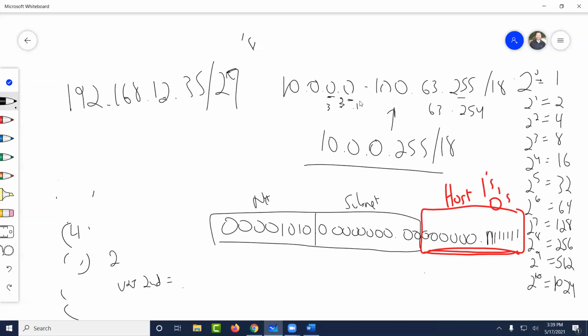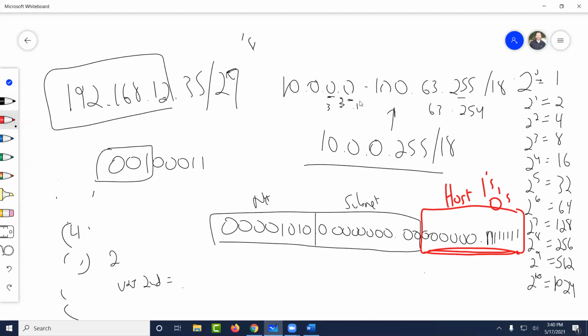I know that with this particular network, these are all network bits. So I convert 35 to binary: 128, 64, 32, 16, 8, 4, 2, 1. With /27, the first 3 bits are subnet bits. Now I'm looking at my host bits. They are not all ones and not all zeros, so I know that could be an IP address assigned to a host.